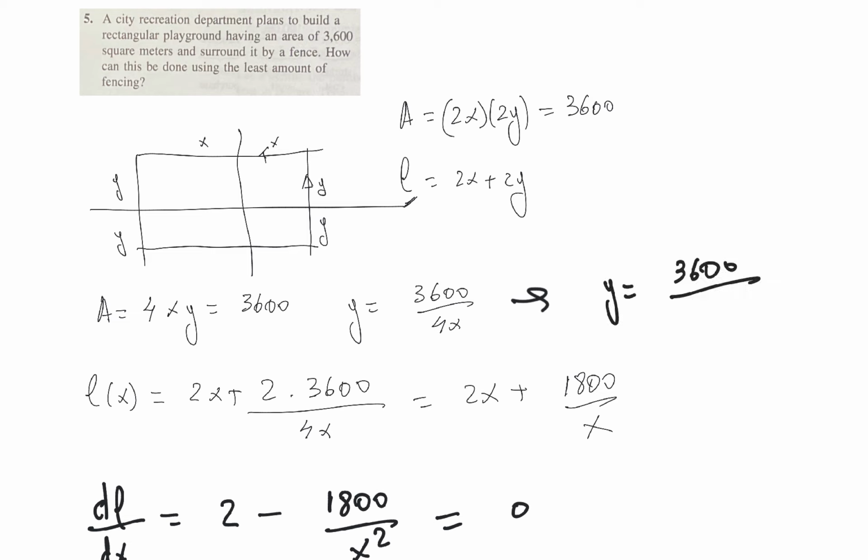Y is 3,600 when x is 30, so it is 3,600 divided by 30. The 0 will cancel and I have 360 divided by 12. So the y will be 60 divided by 12, which is 30.